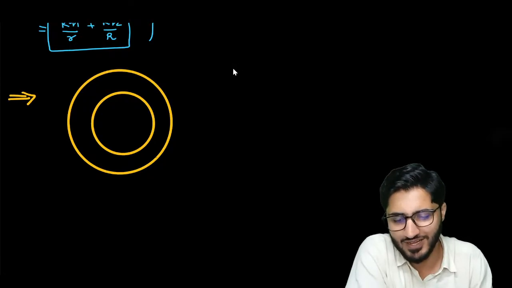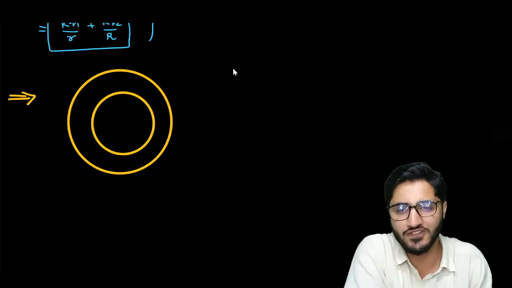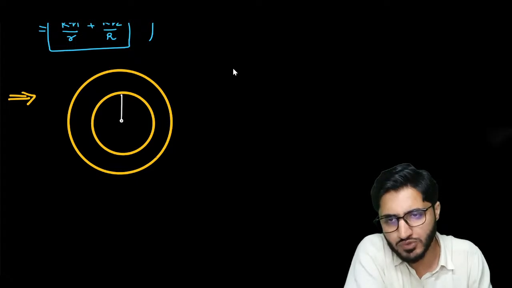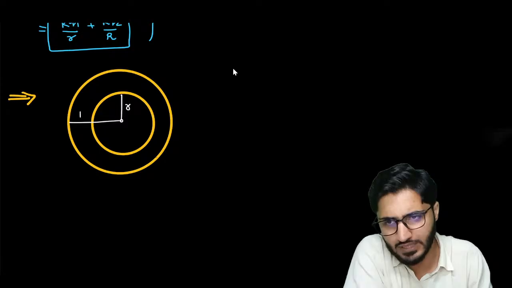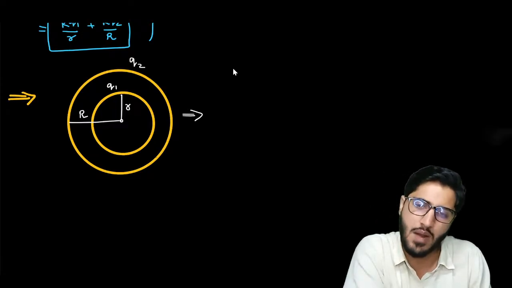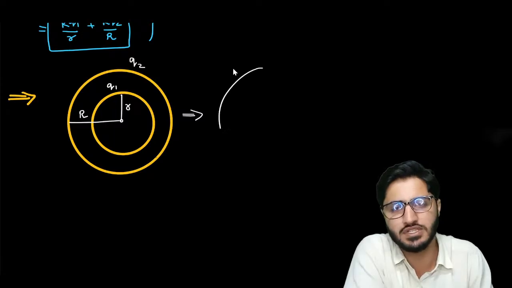We have two concentric spheres. The radius of the smaller one is r. The radius of the bigger one is capital R. The charge on the smaller one is q1. The charge on the bigger one is q2. What will happen now, after some time?